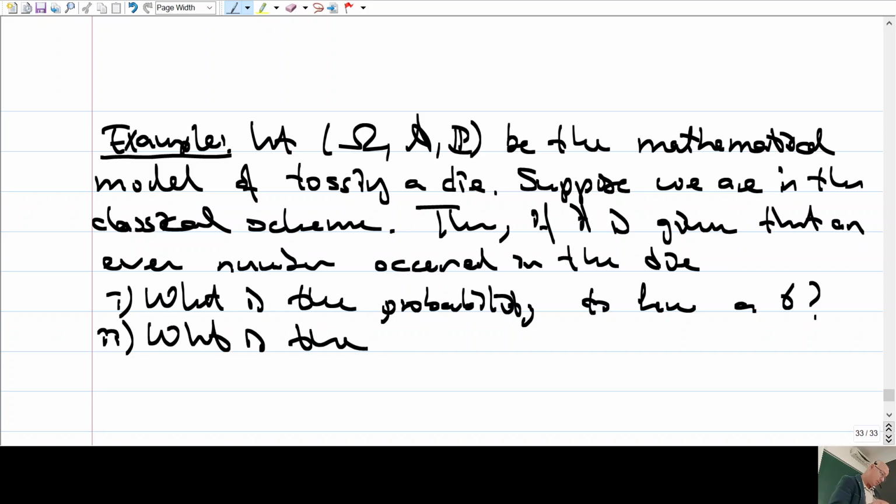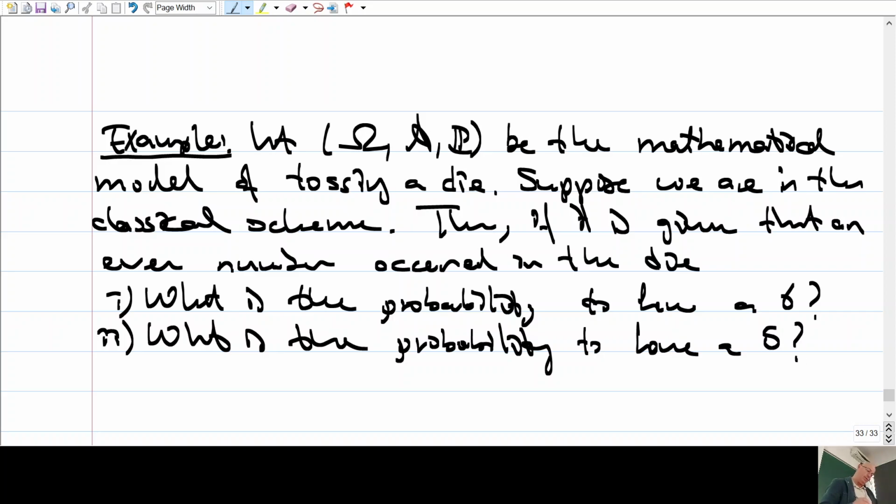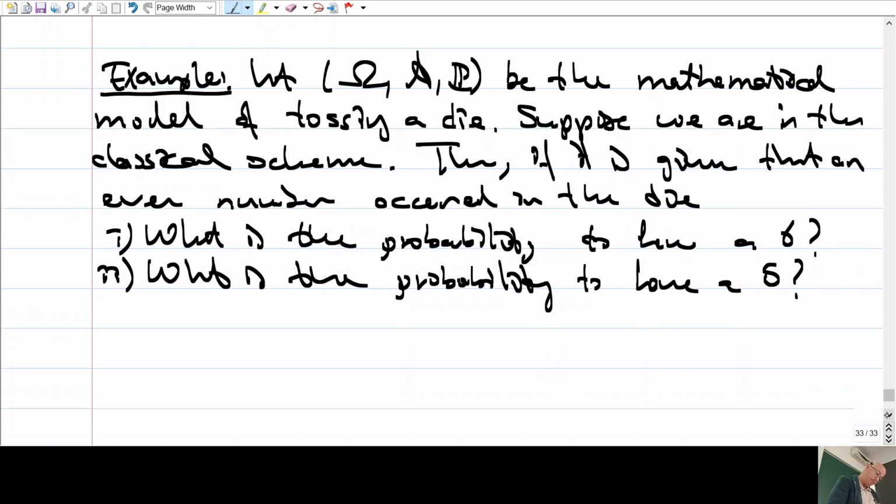What is the probability to have a 5? So, what is A?